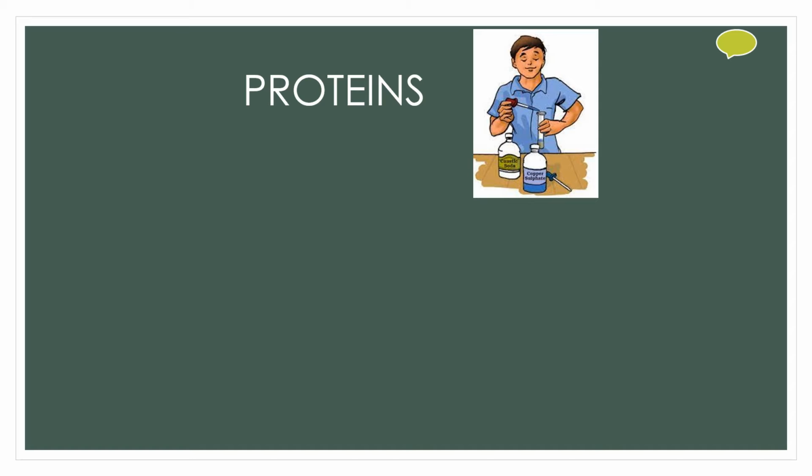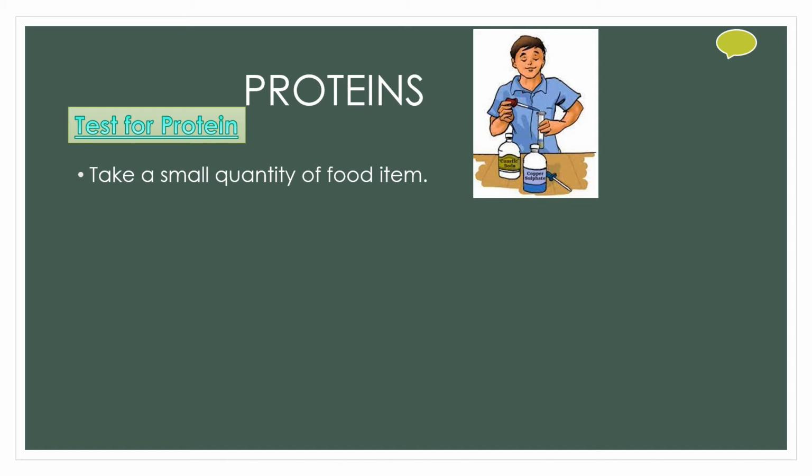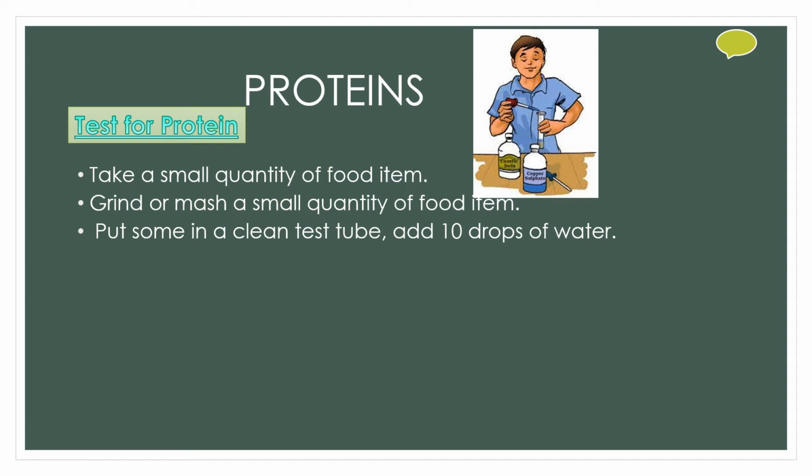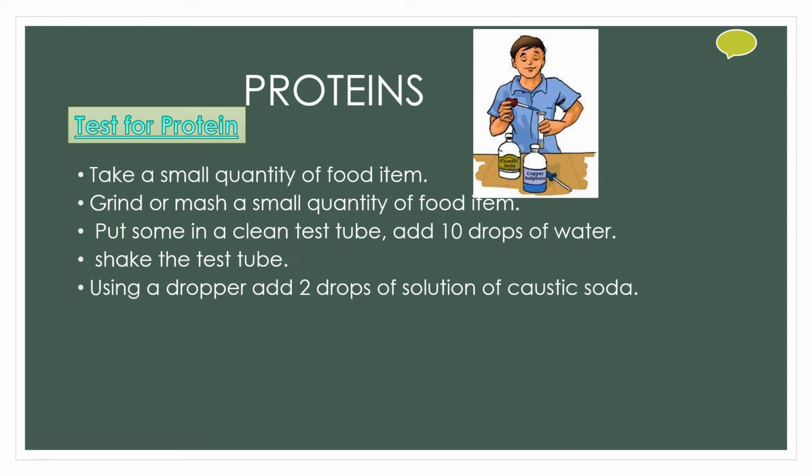Now, our second test is the test for protein. So let's do it step by step. Take a small quantity of food item, grind or mash that small quantity. Put some in a clean test tube and add 10 drops of water. Now shake the test tube and, using a dropper, add 2 drops of solution of caustic soda.